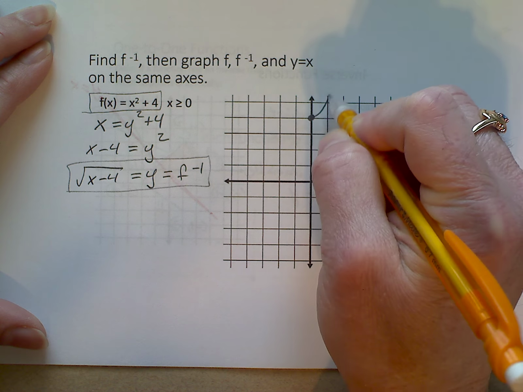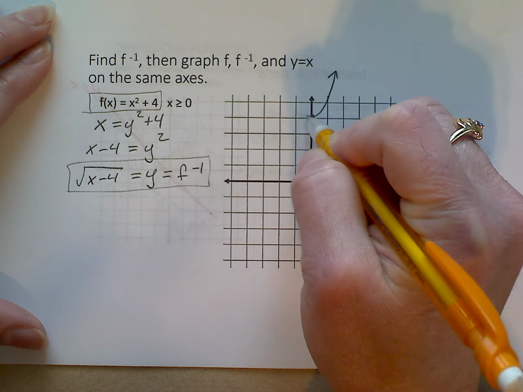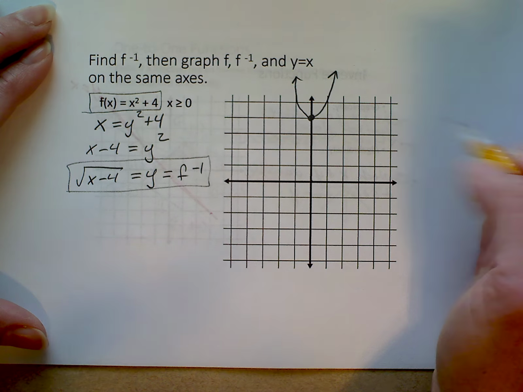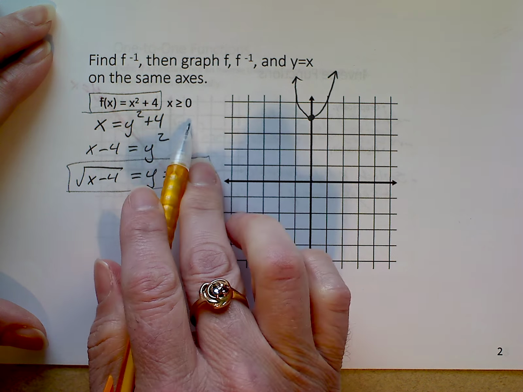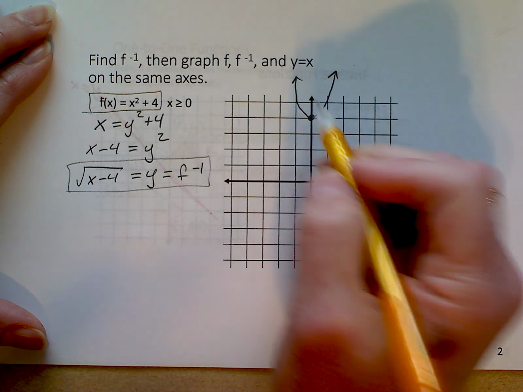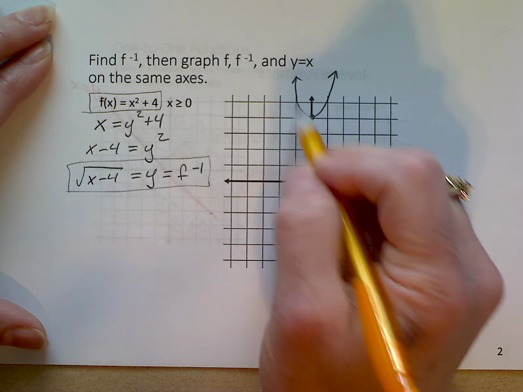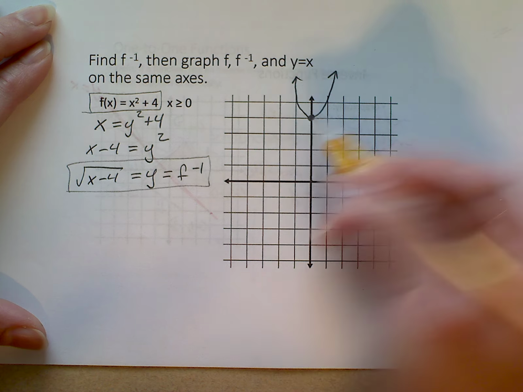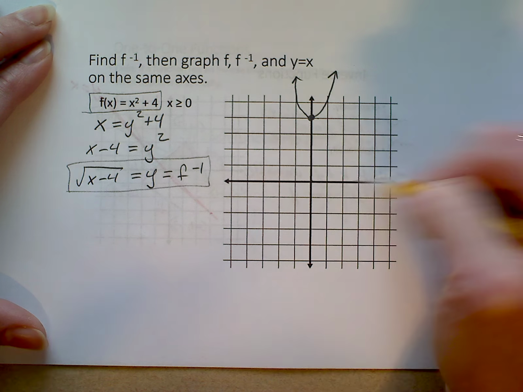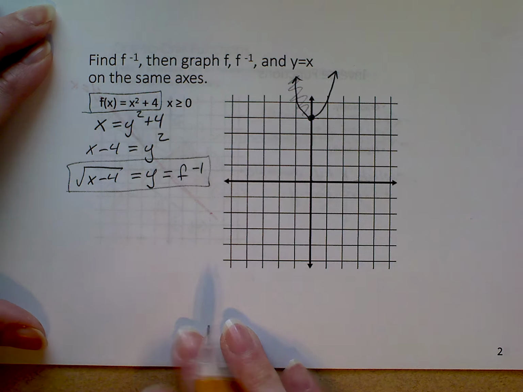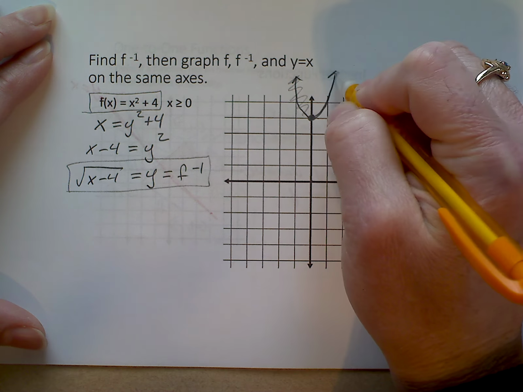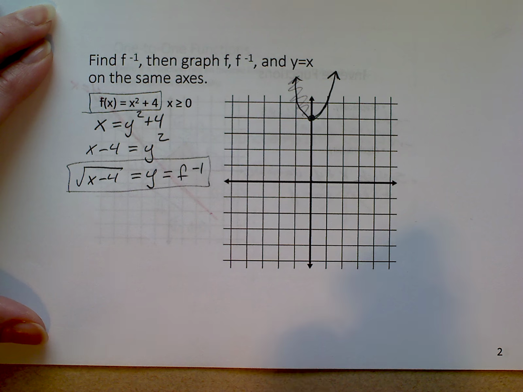And so it would go this way and up through negative 1, 1 this way. But it says x is greater than or equal to 0. So they don't want you to use this part because that's not where x is greater than 0. I only want this half of it. So I'm just going to not look at that piece. It's only this piece. Now why would they say that?